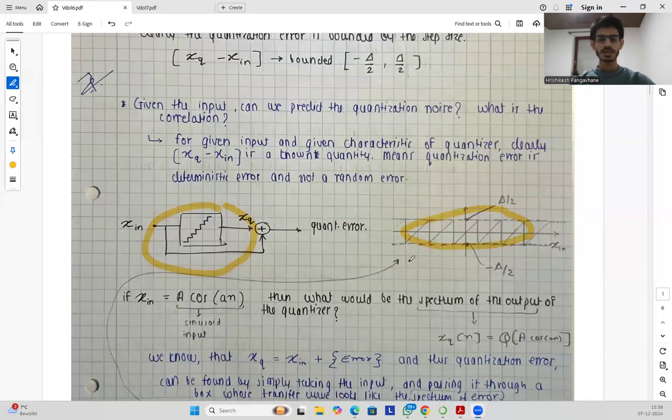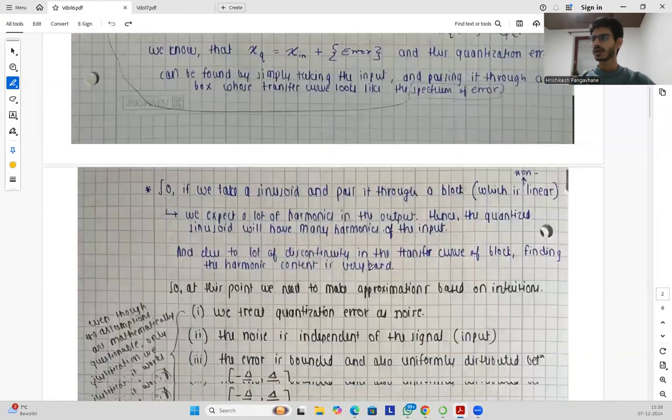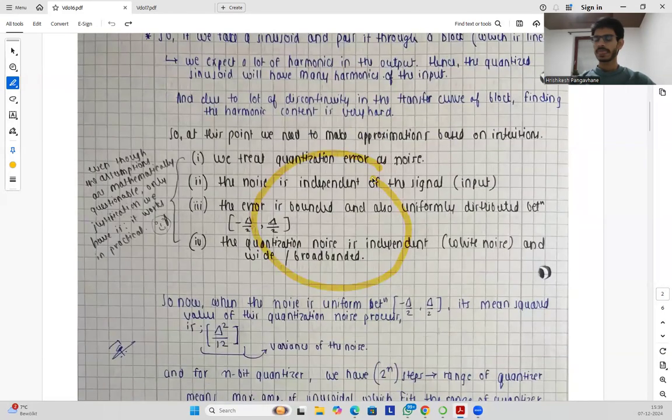We made a few approximations, these four approximations, which were mathematically questionable, but in the end, we know that it works in practice.